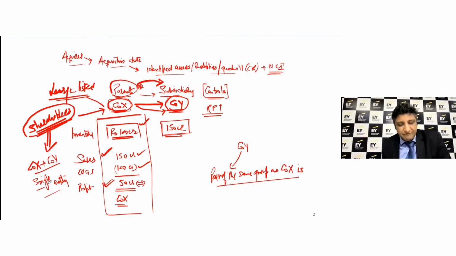Okay. So effectively, what we are trying to build here is that in the standalone books of X, yes, there could be a sale or a profit. In the standalone books of company Y, yes, the inventory could be worth 150 crores.